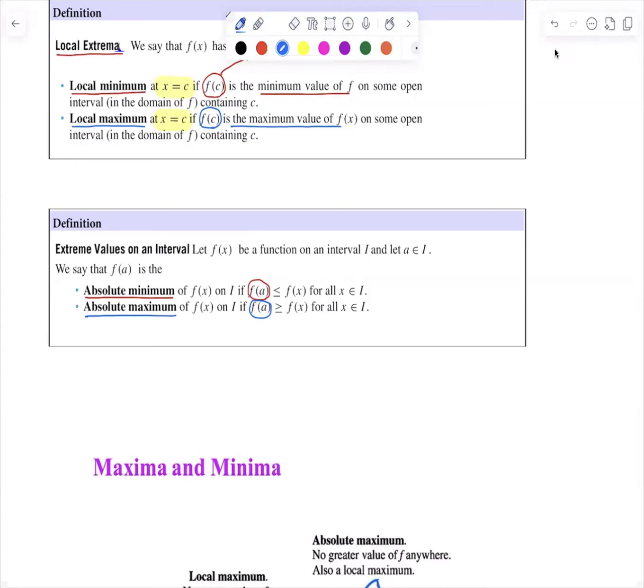So basically, suppose you have a company and you want to know, since you started the company, what is the maximum profit? You can find some local maximum profit in different months, and then between all of those local maximum profits, you take the one that is highest.